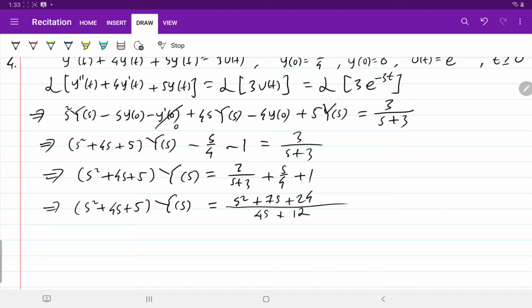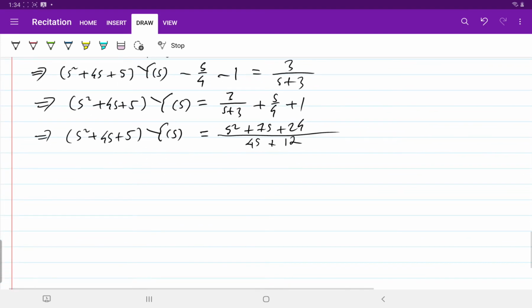Okay, so this is not magic, so you have to work this out, and here I only show you the final form. And I left the process for you as an exercise. From here, you can obtain y of s. So y of s is your solution in Laplace domain, right?